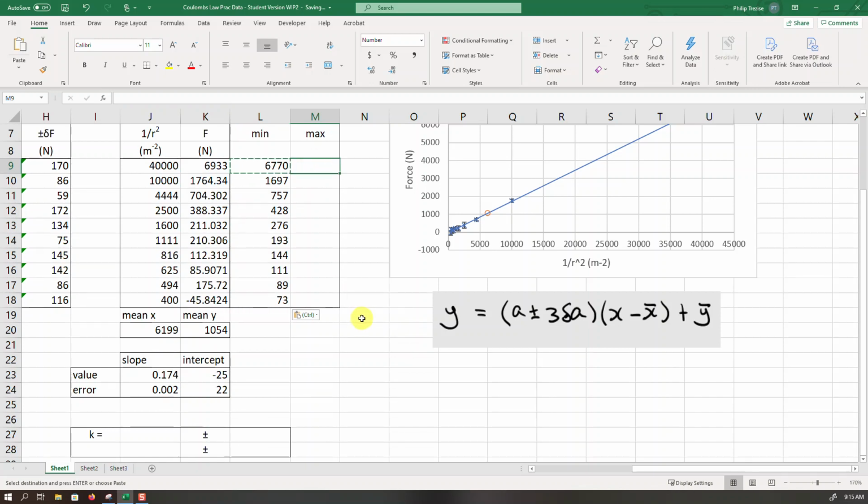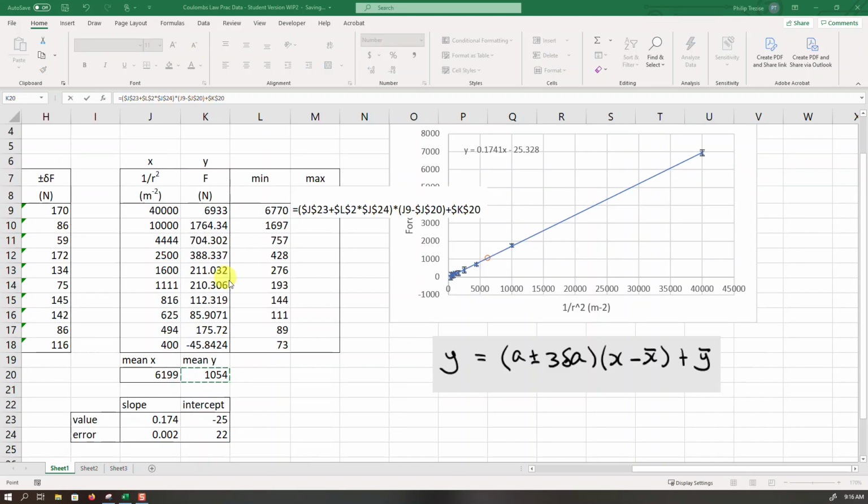Similarly for the max values. I'll just pause while I enter that. It's not letting me pause. Okay, here we go. I'll try pausing again. Okay, so we're back again live. That's the formula I've just entered for the max line.